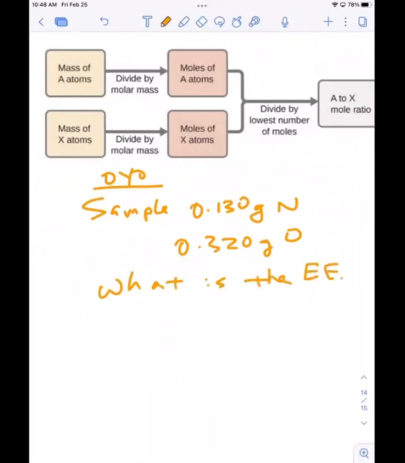What is the empirical formula? You can work on that over the weekend, and on Monday, somebody can volunteer their answer.